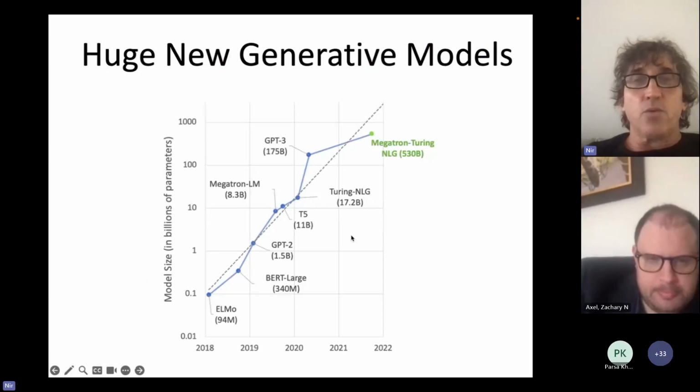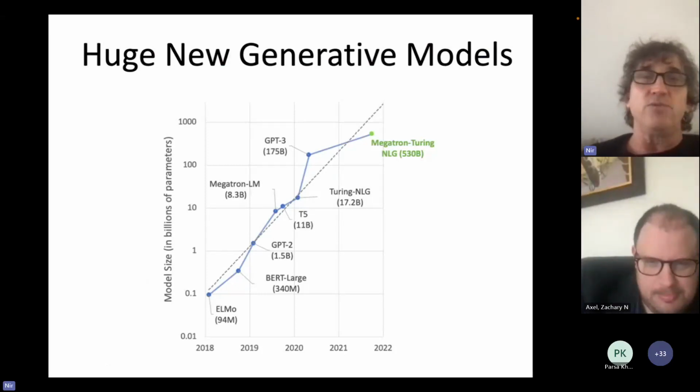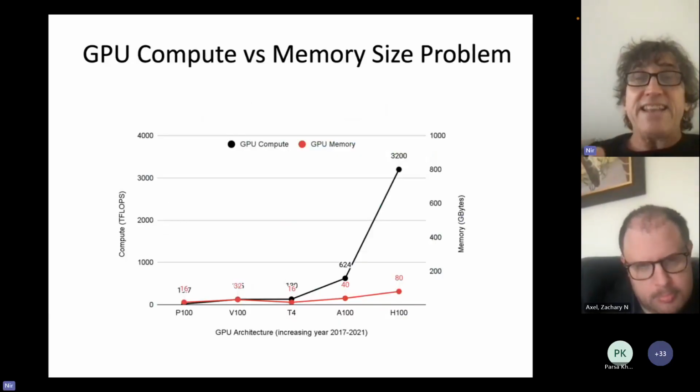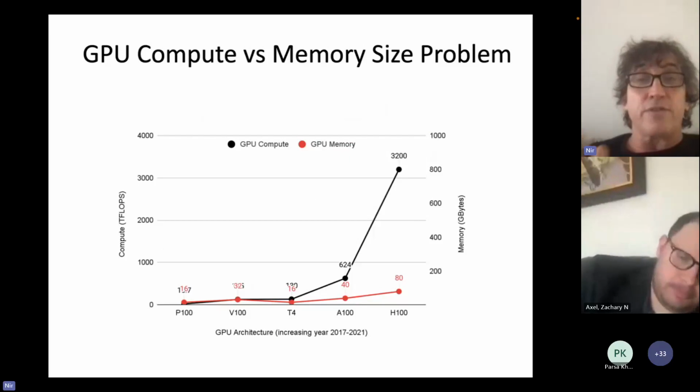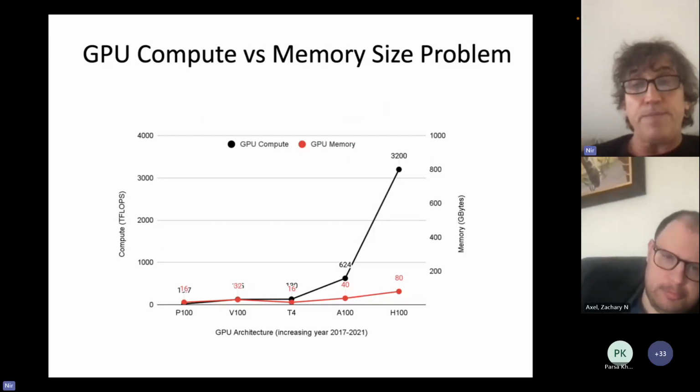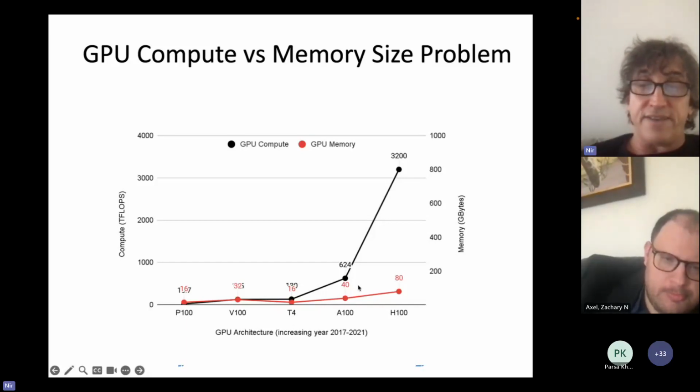But of course, the world is moving forward. And today, everybody's interested in new generative models that are getting bigger and bigger. So what do we do there? Now GPUs have a real problem. If we want to deal with these large models with GPUs, we've built these devices to have more and more flops.